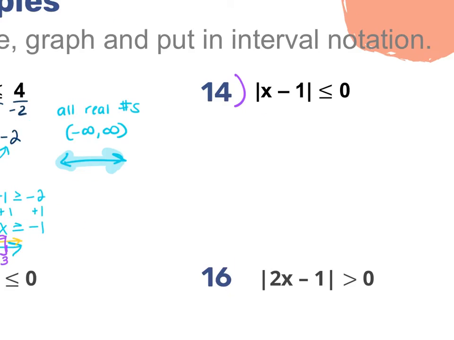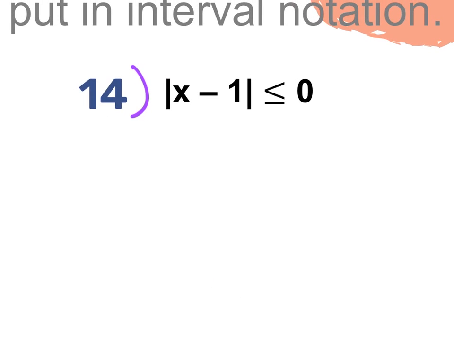Number 14, another scenario where it's less than or equal to 0. So absolute value can't be less than 0, but it can be equal to it. So I can say x minus 1 is equal to 0 and x would equal 1.